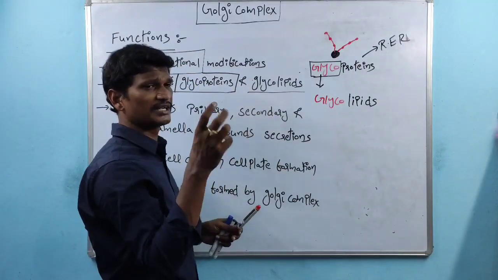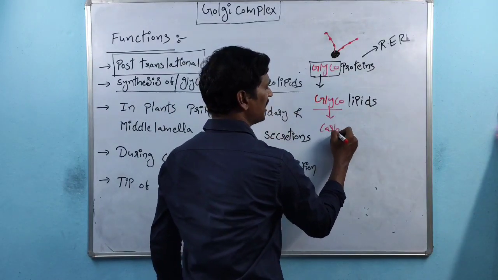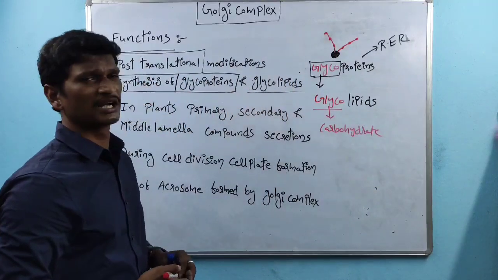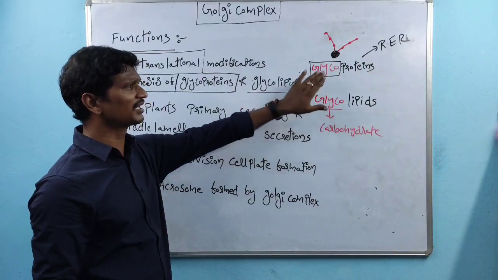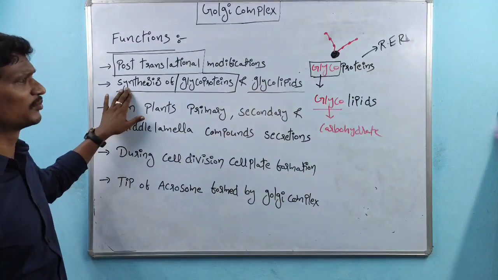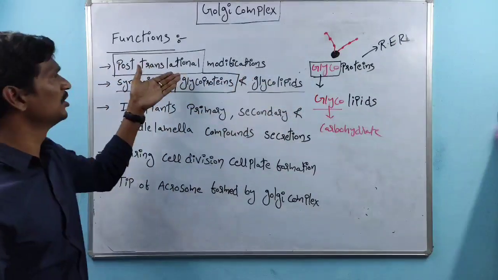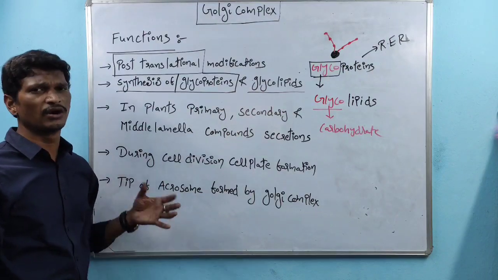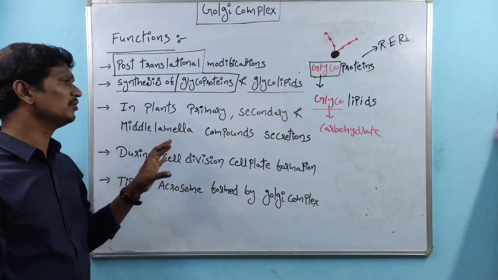So some of the fats tagged with carbohydrate moieties are called glycolipids. Glycolipid and glycoprotein synthesis is done by the Golgi complex, and these are also included in post-translational modification.